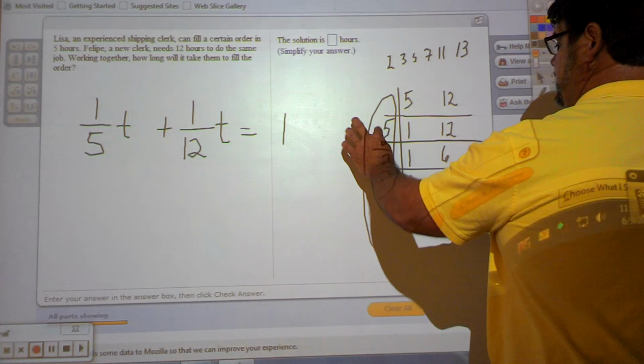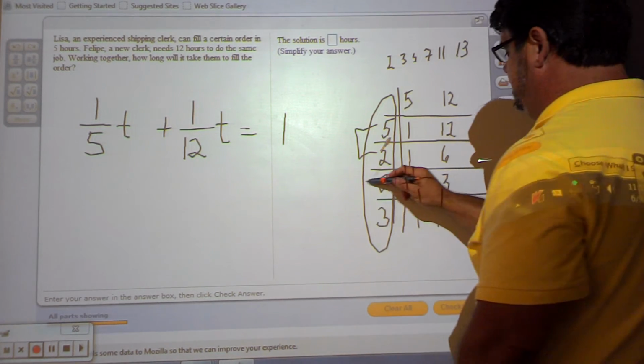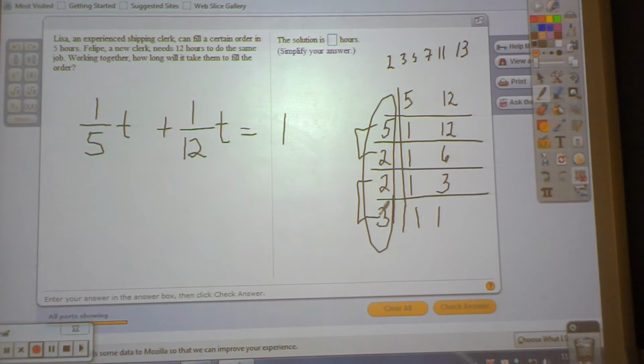So 2 times 2 times 3 times 5, so 60. And you got to be careful there because some people multiply the denominators together and get some bigger number, and it's not the lowest common denominator. So you got to be careful when you multiply denominators.